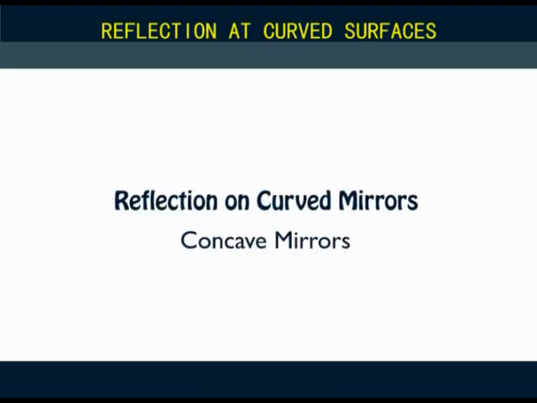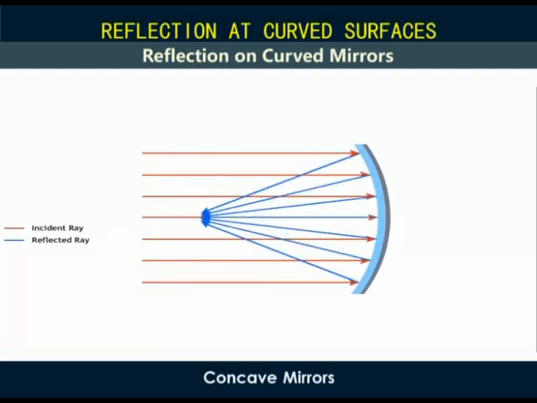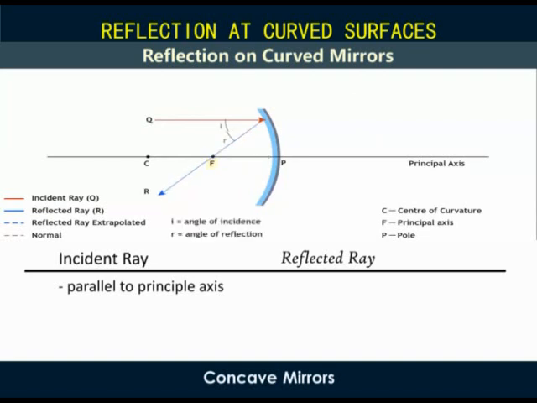Now, concave mirrors. As in the convex mirrors, reflection of light rays in a concave mirror also follows certain laws. 1. A ray parallel to the principal axis is reflected and passes through the focus. 2.